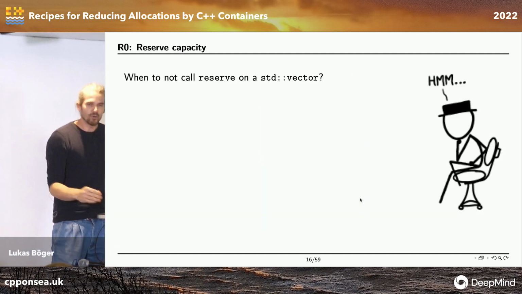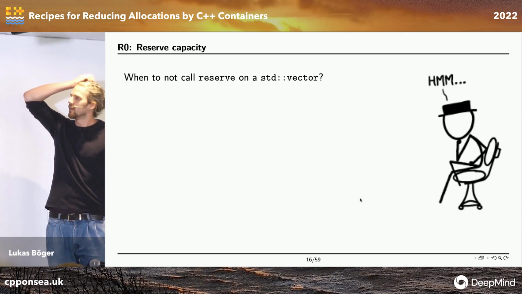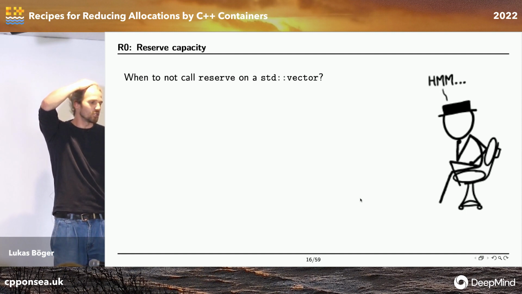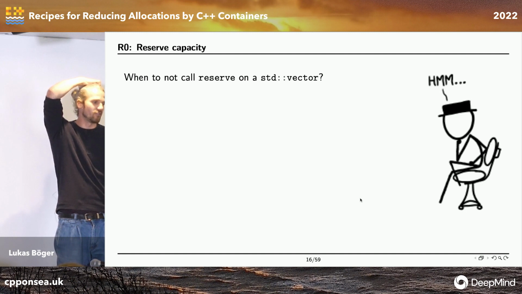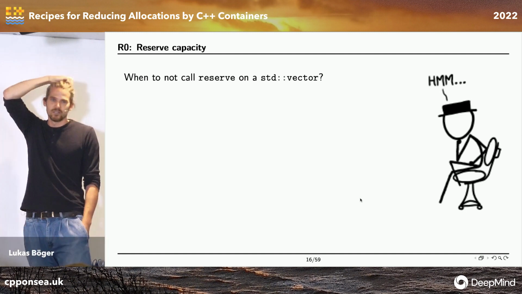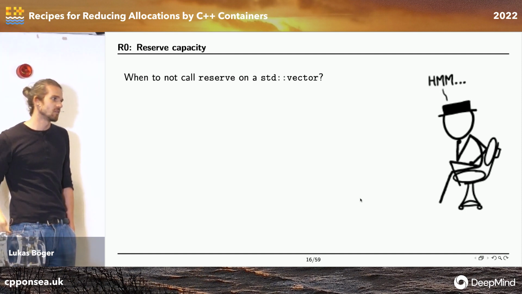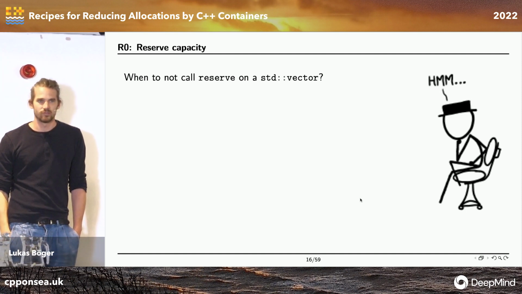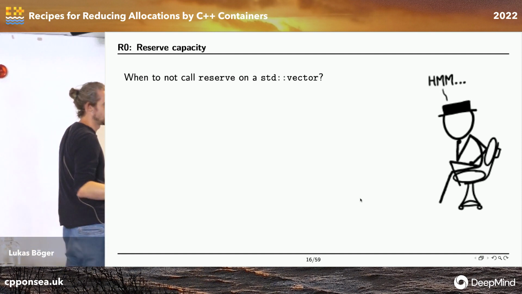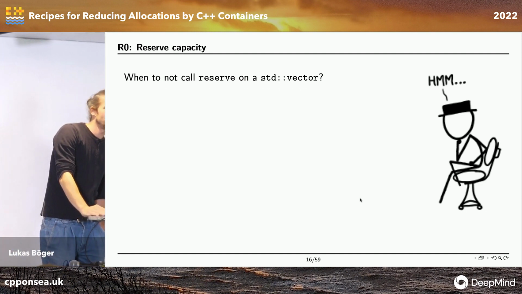Okay, then we have a gotcha. Does anyone know when we should never call std vector reserve? It has something to do with loops.